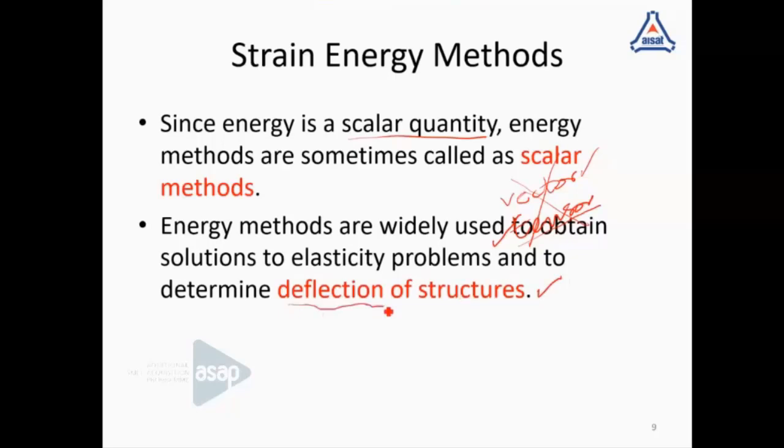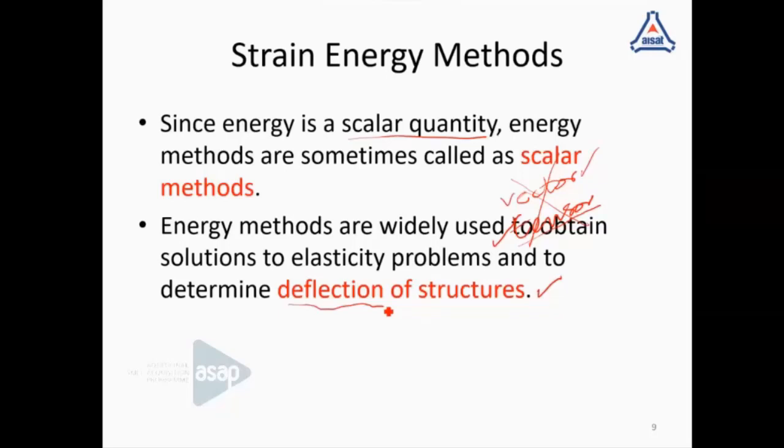In your AMOS class, you would have studied about different methods of determining deflections of structures. So based on different types of loading, different methods are there to determine the deflection. Types of loading means normal, say axial stress can be applied, a shear stress can be applied, a torque can be applied, a bending moment can be applied.